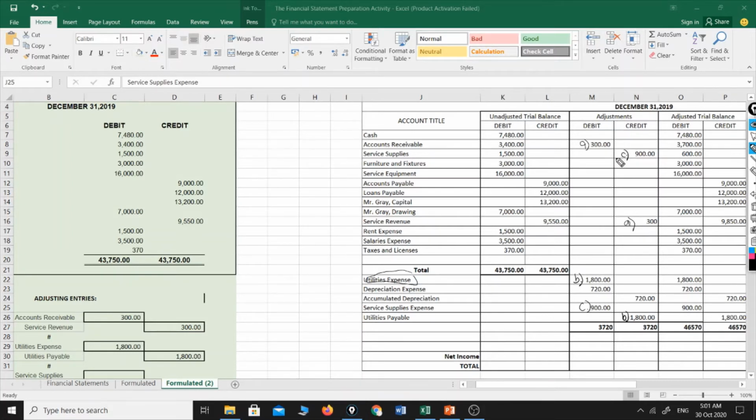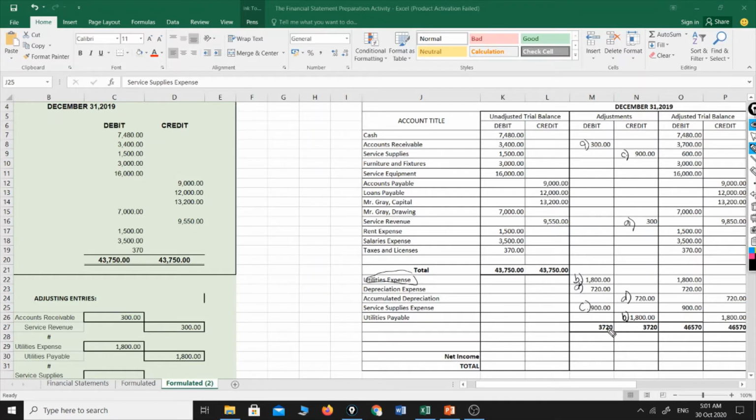Okay, and lastly, letter D is about recording the depreciation expense. So since there is no depreciation expense yet, we will add another account title. This is adjusting entry letter D, and its accumulated depreciation, letter D. Okay? And after having all these adjusting entries, we will total its debit column and its credit column.